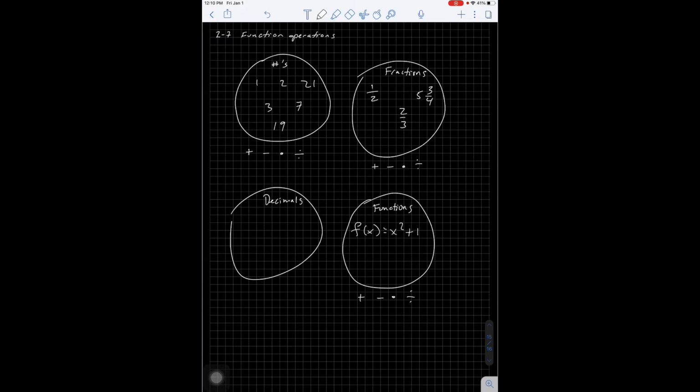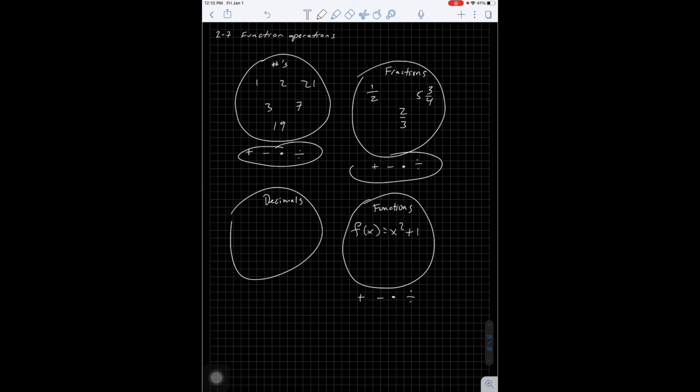Now here's the interesting thing about math though. As you get higher and higher in math, these are not the only 4 operations. In certain groupings of mathematical ideas, some operations don't occur, and in other situations we have other operations, and that is what happens with functions.